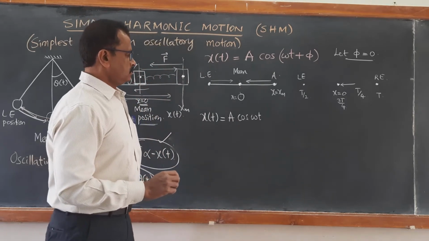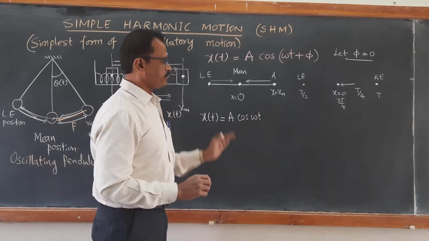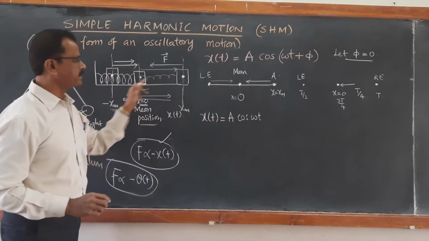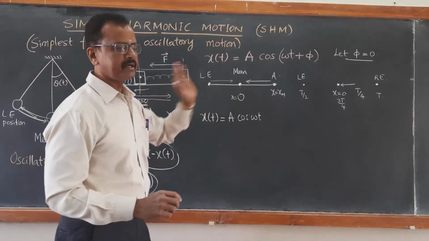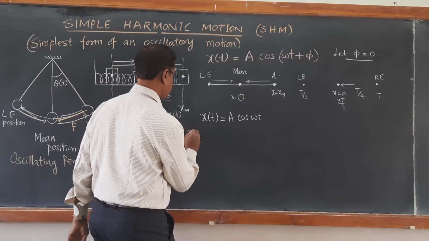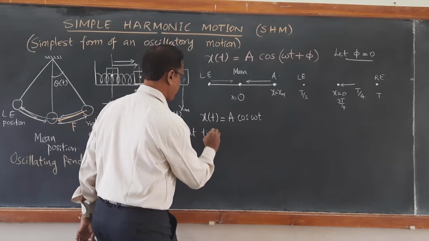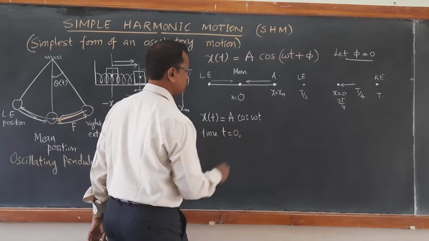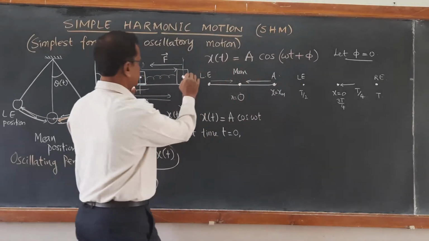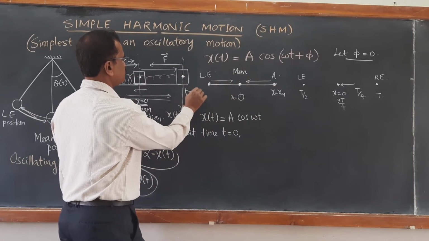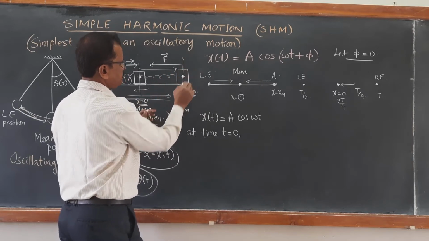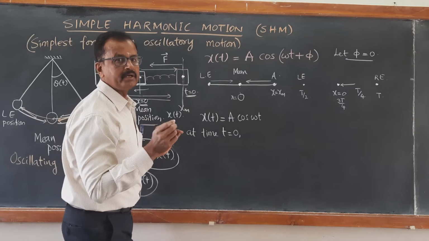So we will calculate the position of the oscillating block at different time intervals. At first, at time t equal to 0, we have already stretched it and we count this as time t equal to 0. When we stretch it to this position A, we take the initial time t equal to 0.